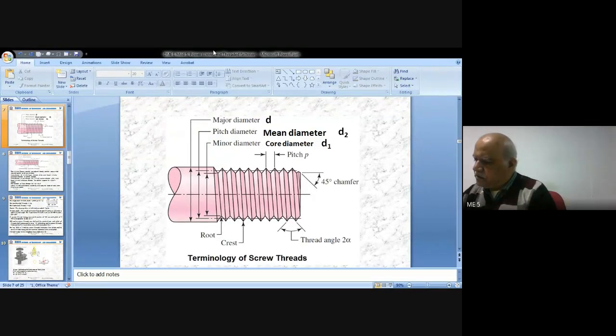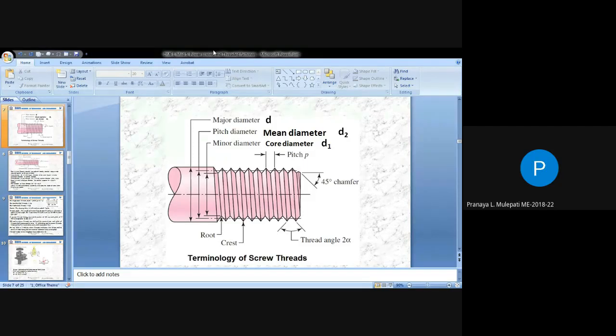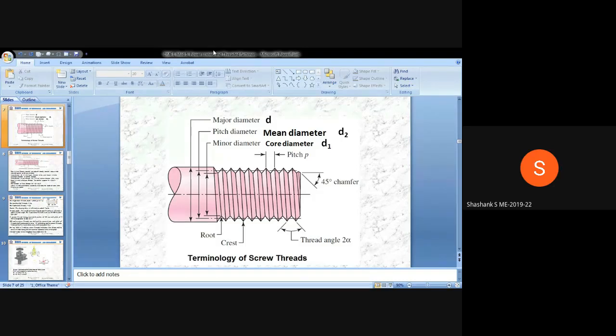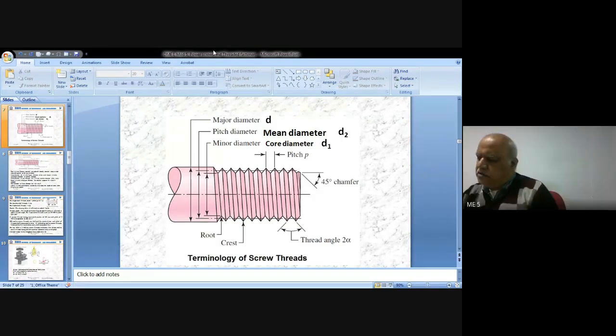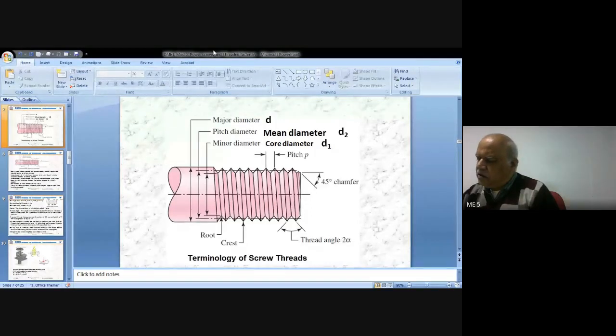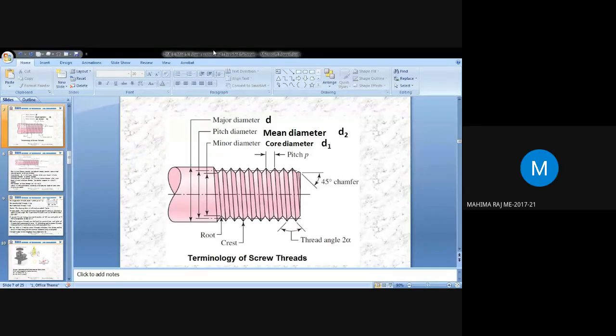66? Present, sir. Chaitanya? Mahesh? Nishant? Ramesh? Shashank? Yes, sir. Akshat? Present, sir. Sautrik Roy? Present, sir. Mahima Raj? Present, sir. Srivatsan?